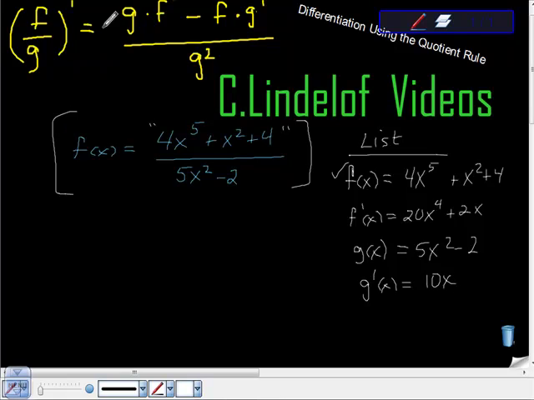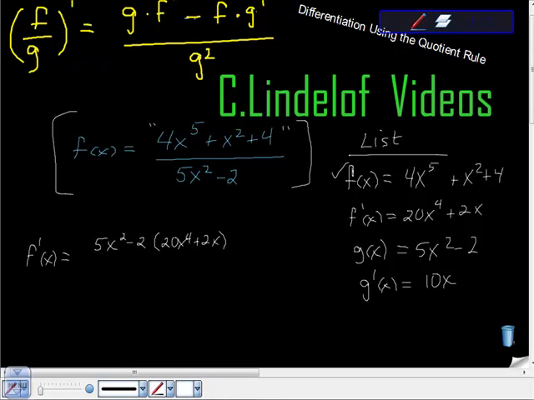From there, all I'm going to do is build this, and I'm going to say, okay, I have f of x, so I want f prime. So f prime of x is equal to, right? It says bottom function times derivative of top function. So bottom function is 5x squared minus 2. The derivative of the top is 20x to the fourth plus 2x, right?